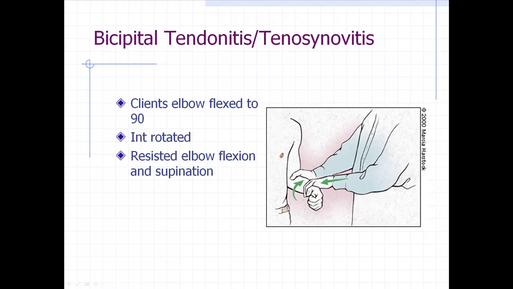The arm is slightly internally rotated. The subject pulls into further medial rotation whilst resisting elbow flexion and supination. Tension through the biceps tendon itself will often lead to discomfort and pain, and/or weakness and neuromuscular inhibition.